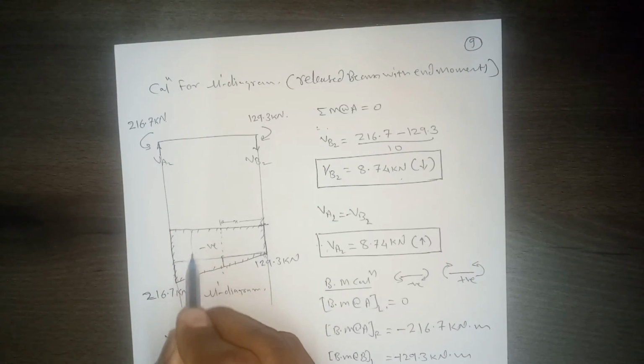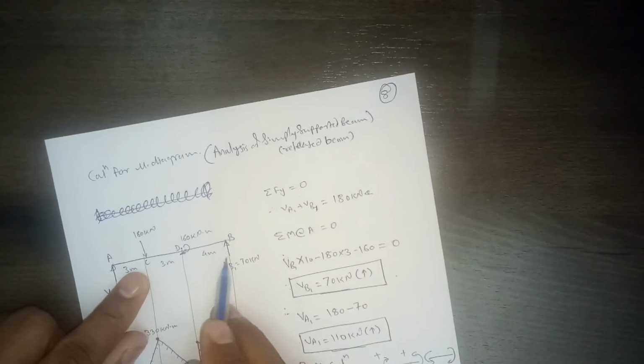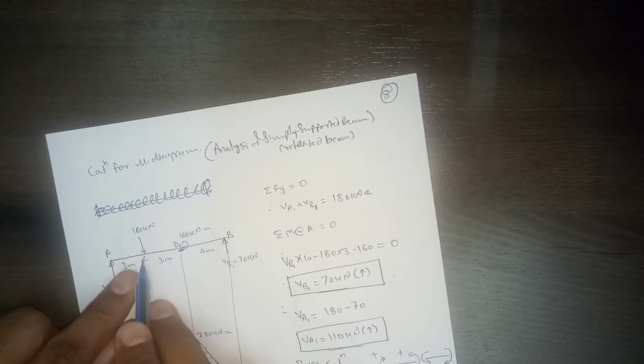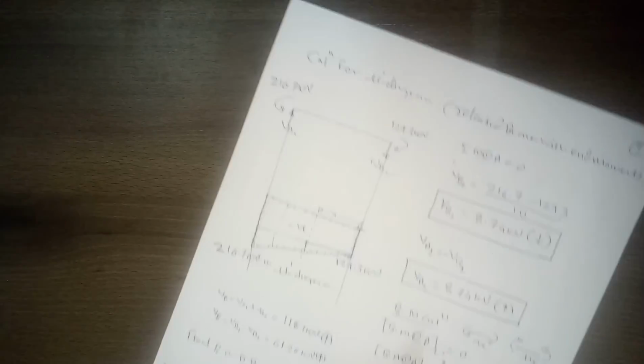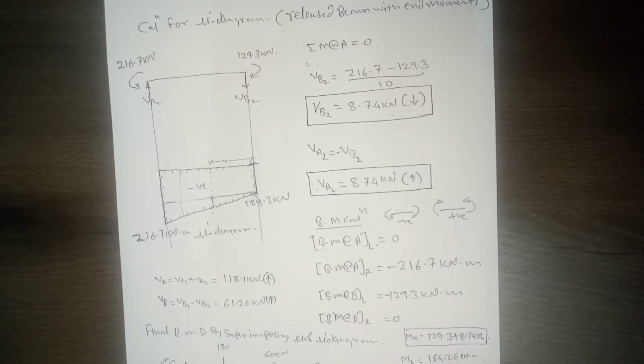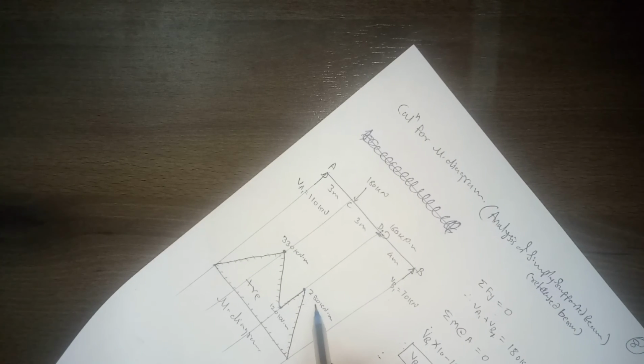At a distance of 7 meters from B, which is point C, we are calculating this moment. Since this 164.28 is less than 280 kilonewton meter and more than 120 kilonewton meter, it will pass somewhere in between, right?